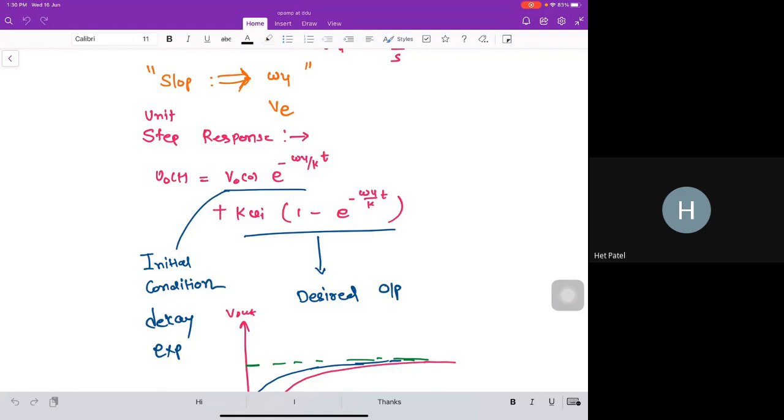You will relate these things there also. Even you can relate here also, right? And the other thing is the desired output, which will also reach the output in an exponential manner, right? But you can observe that e raised to minus omega u by k into t is the main thing I want you to focus on. You can say that is t by tau. Tau I am denoting as the time constant, and that is equal to k by omega u.